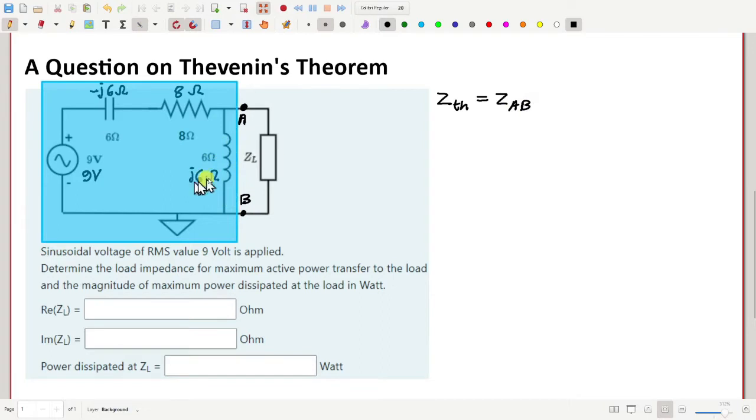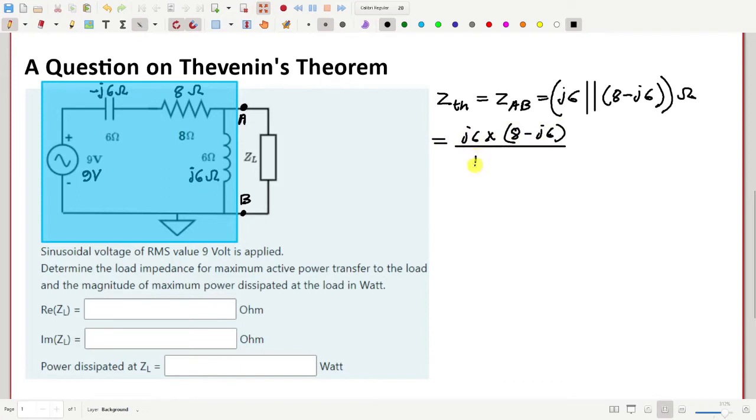One is J6 ohm, and that is in parallel with this other branch with impedance 8 minus J6 ohm. So this is equal to J6 into 8 minus J6 divided by J6 plus 8 minus J6 ohm, which is equal to 4.5 plus J6 ohm.